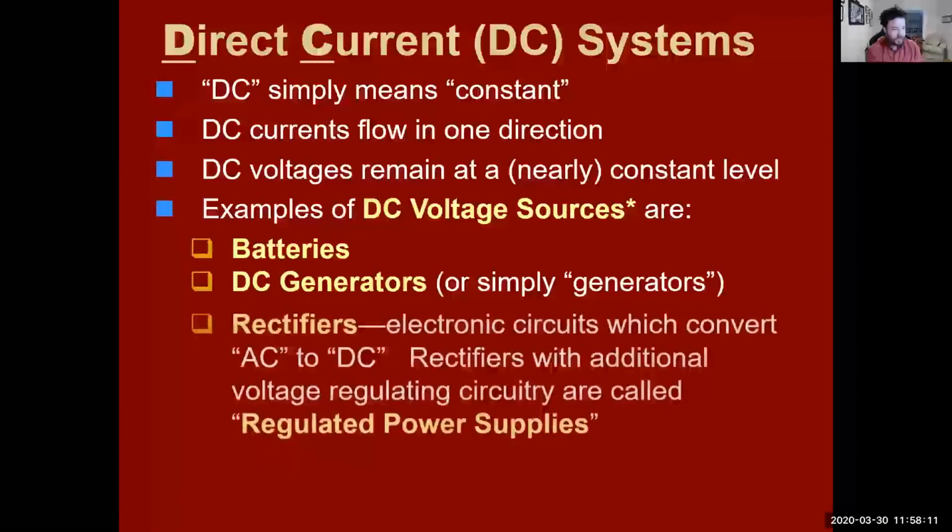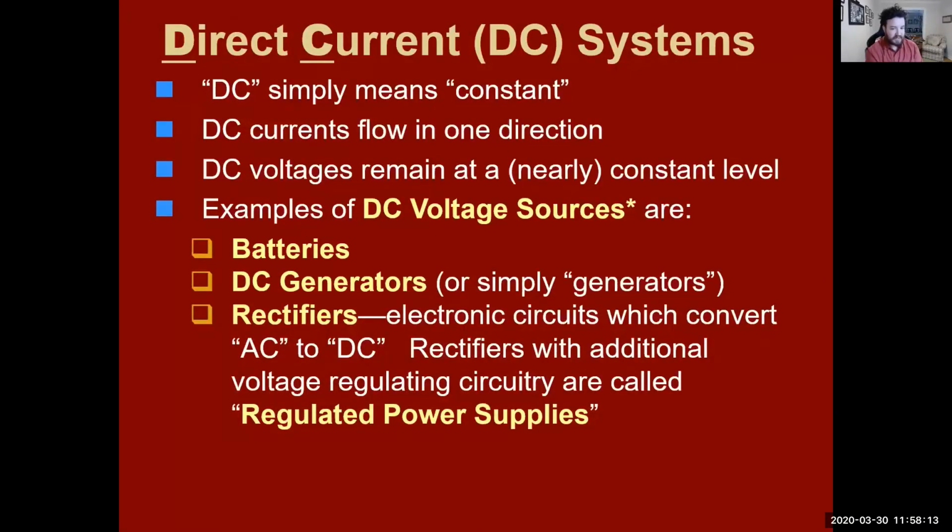So voltage sources, you have batteries, you have DC generators, and you have rectifiers. Rectifiers are electronic circuits which convert AC power to DC. So rectifiers with an additional voltage regulating circuitry are called regulated power supplies.